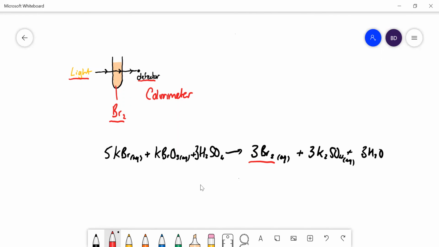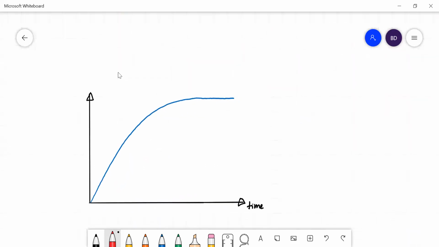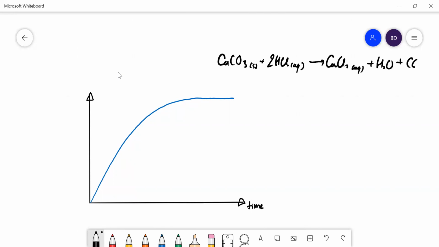Okay, let's go back to our carbon dioxide generating reaction again, and we'll have a look at some results. So this is the reaction between calcium carbonate solid and hydrochloric acid. That's going to give us calcium chloride, as we said, water and CO2.